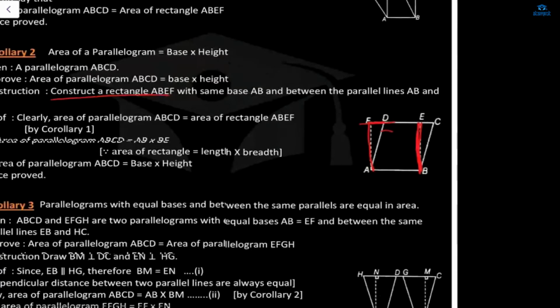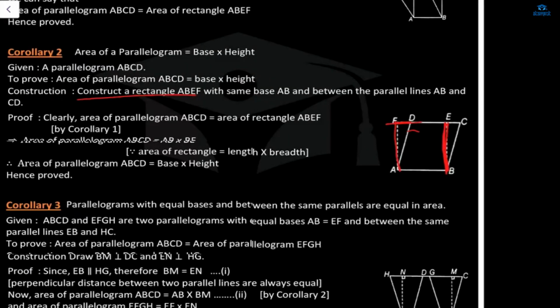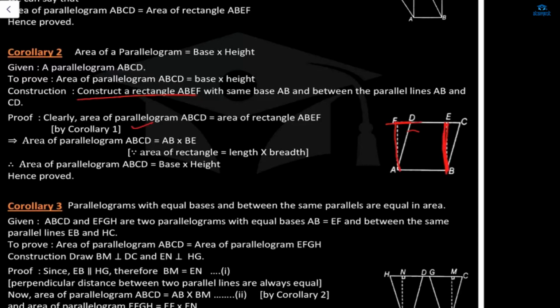Now, for the area of the parallelogram, we have already proved in theorem 1 that the area of the rectangle and the area of the parallelogram are equal. Both areas will be equal, so I have mentioned it here. And what is the area of the rectangle? Length into breadth. Yes or no?